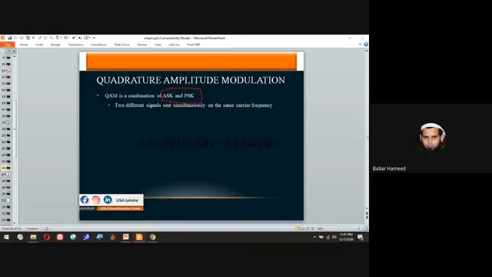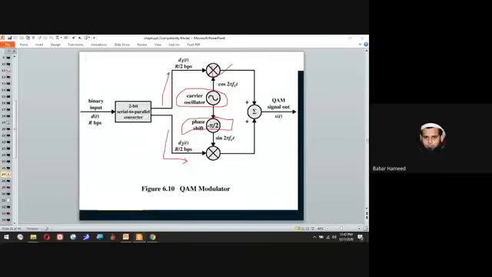The two independent signals are simultaneously transmitted over the same medium. At the receiver, the two signals are demodulated and the results combined to produce the original binary input. As you can see in the figure, you remember I used the same figure for QPSK as well.